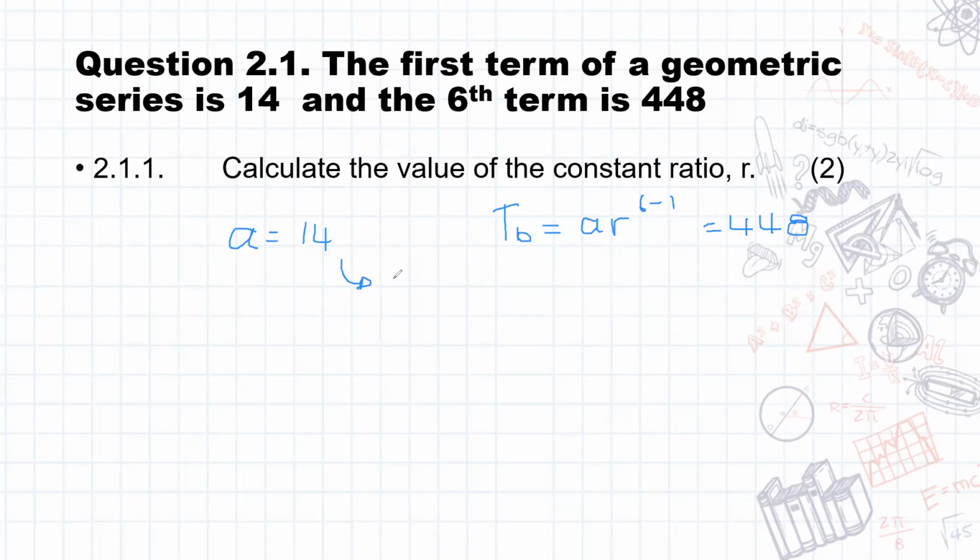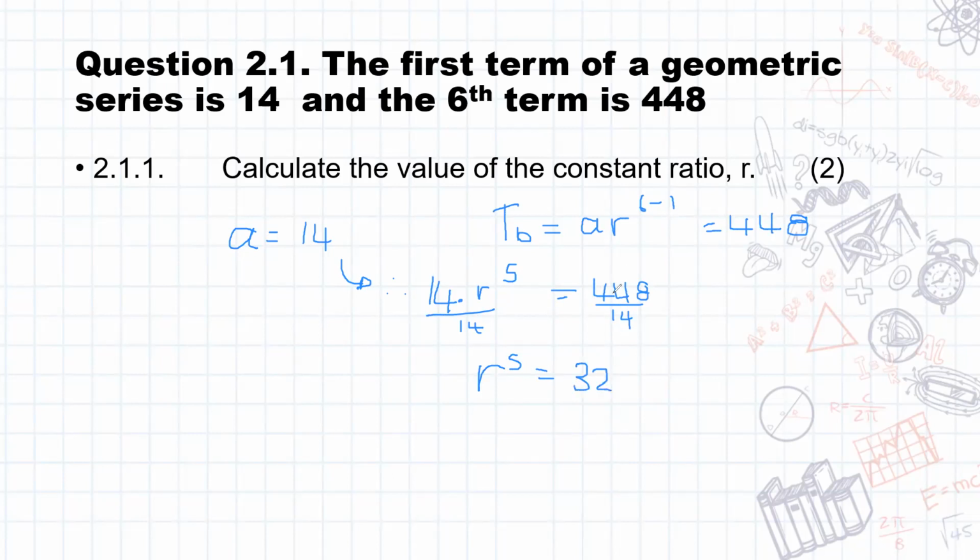And so we can say that 14 times R to the power of 5 is equal to 448. Now we get R by itself by dividing both sides by 14. So we have R to the power of 5 is equal to 32.